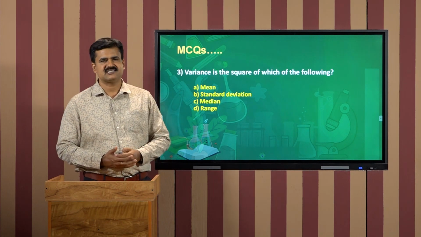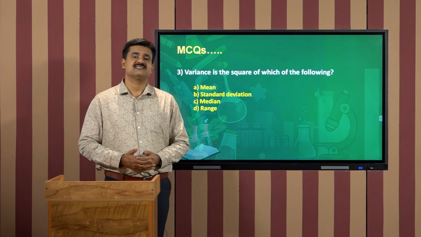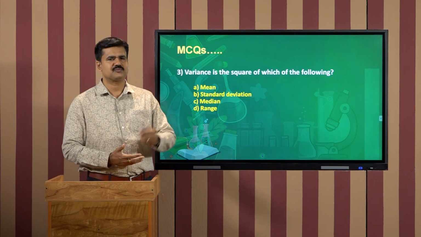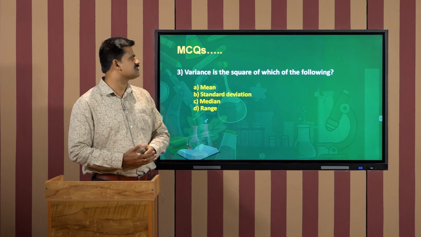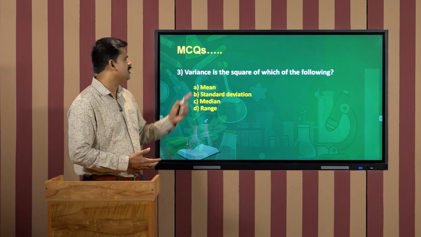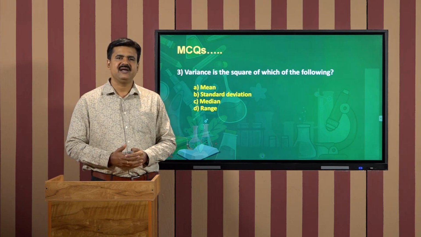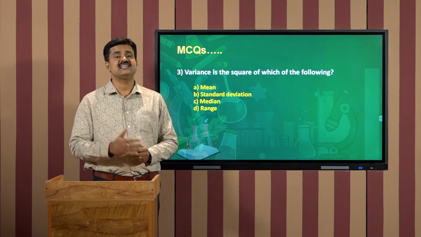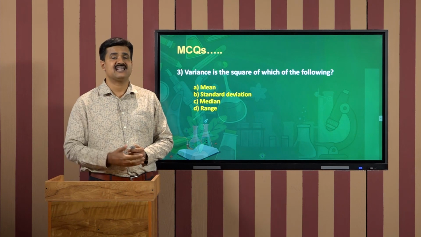Now, we can discuss another problem which is associated with variance. It is a very simple, direct problem. Variance is the square of which of the following? There are 4 options: mean, standard deviation, median and range. It is very clear that variance is the square of the standard deviation.